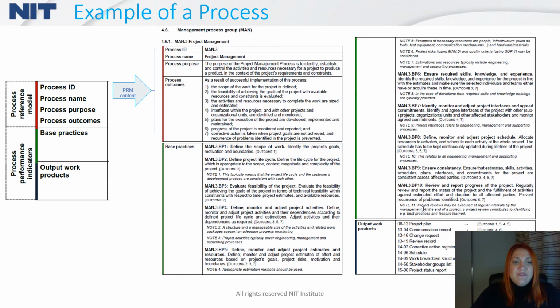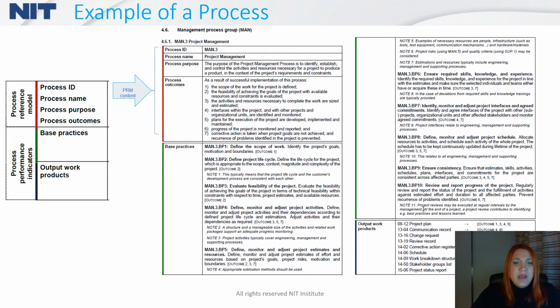The process reference model consists of the process ID, for example MAN.3. Then the process name, project management, which is a unique name. Then the process purpose, which explains what we need this process for and why this process is part of automotive SPICE. Then what are the process outcomes?